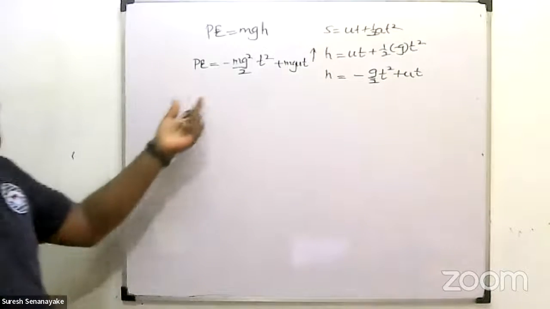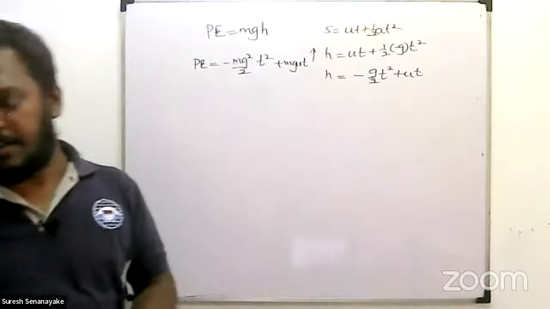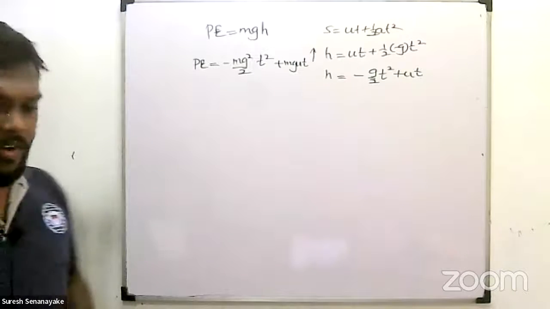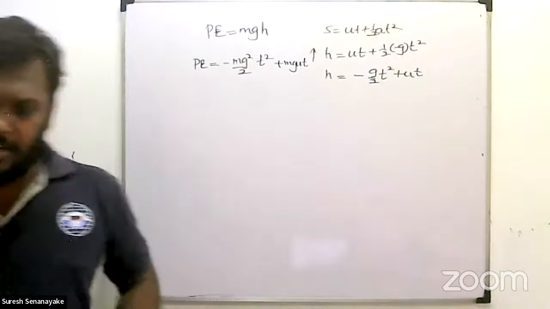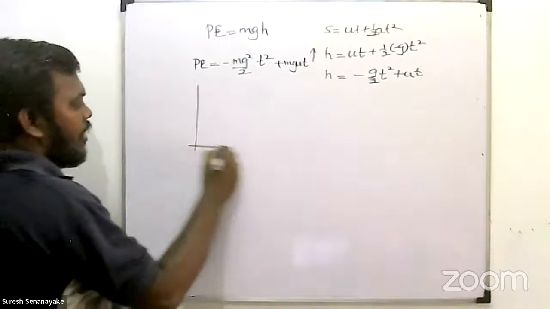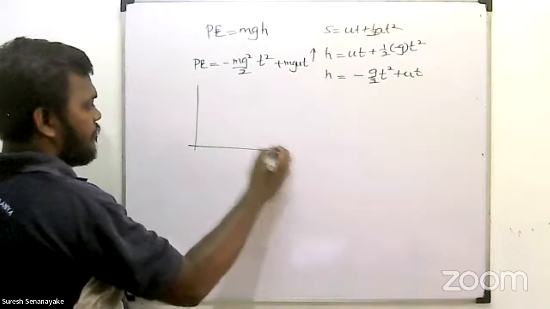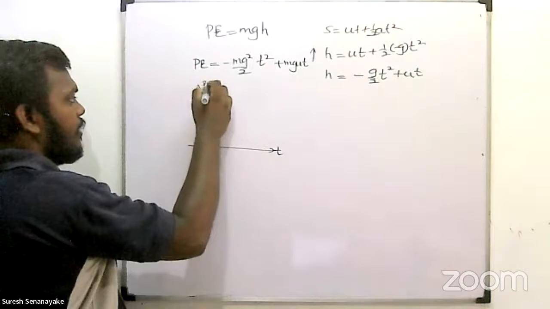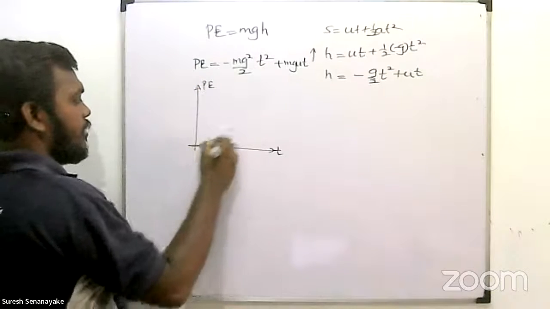This is just similar to x square, a quadratic equation, right? There's a quadratic relation, minus x square like this equation. So then the potential energy with time you can draw is increasing like this.